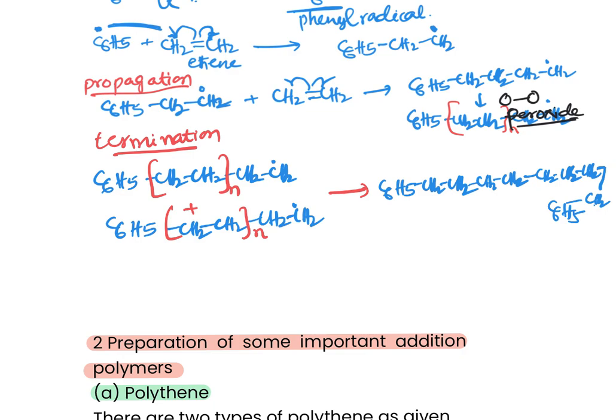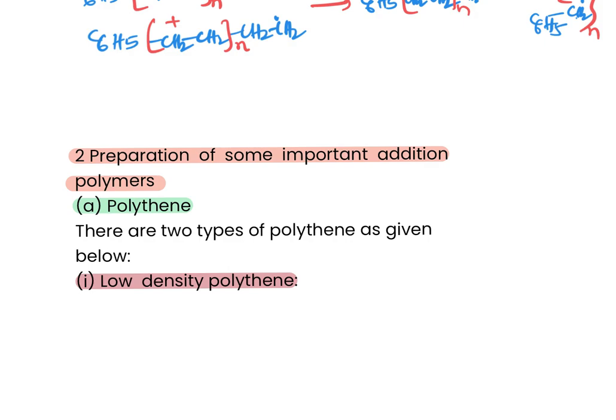We have taken N here and N here. Then the chain is terminated, which means the reaction stops here. So many molecules undergo this free radical mechanism. Now some important addition polymers: a detailed study, that is, the preparation of some important addition polymers and their properties also.